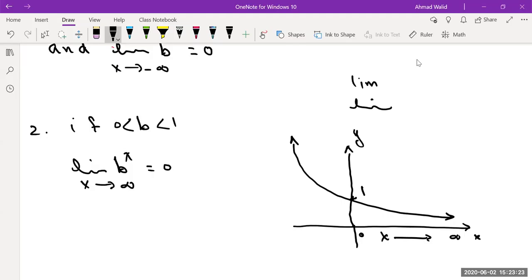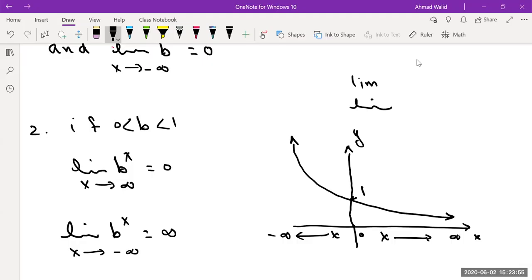It's coming close, close, close to where? To 0. That's why you can write, when b is less than 1 and greater than 0, the limit as x approaches infinity gives you always 0. Number 2, the limit of b to the power of x as x approaches negative infinity gives you infinity. You see, when x is approaching negative infinity, your graph goes to infinity.